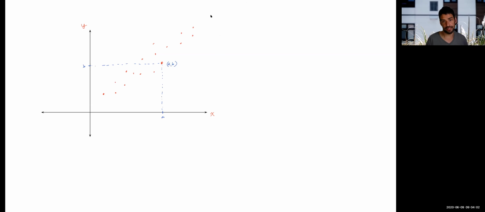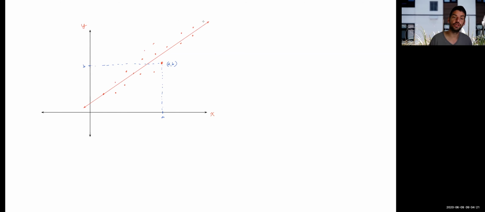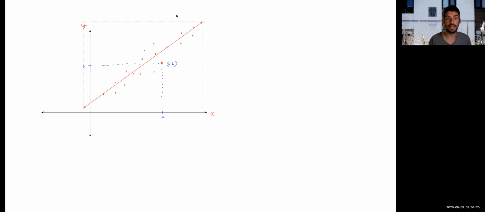If I look at this data that I've drawn here, it does appear that it sort of falls on a line, right? But it's not perfect. And so what we're going to try to do is say, all right, it's not perfect, but can we find a line that's a good match to all of this data, right? And we'll see how to do this in just a minute.